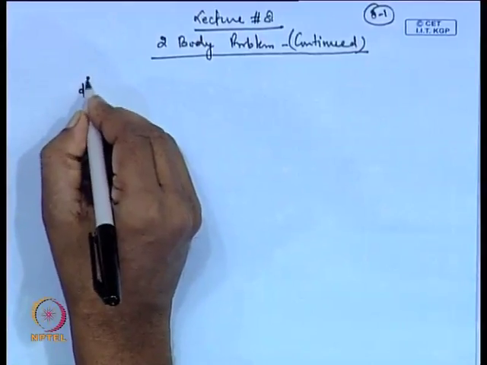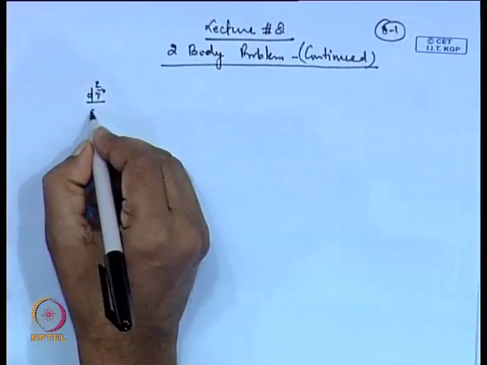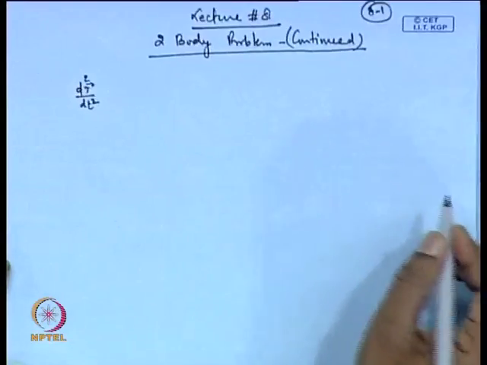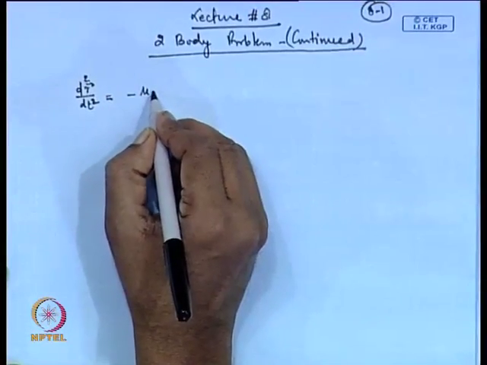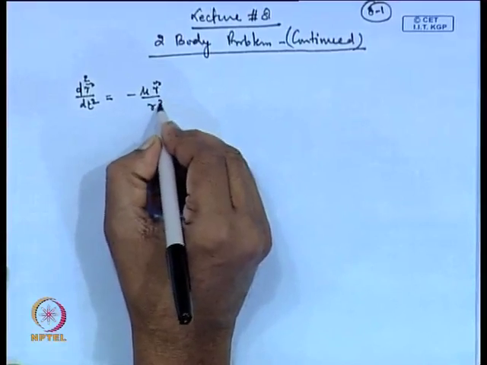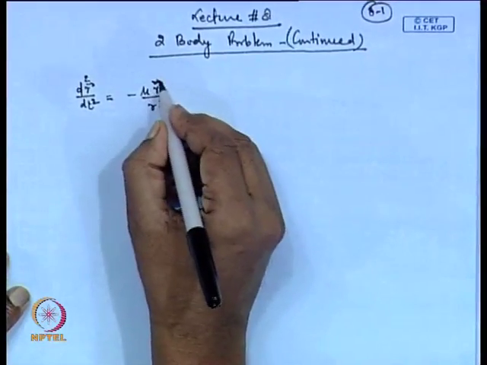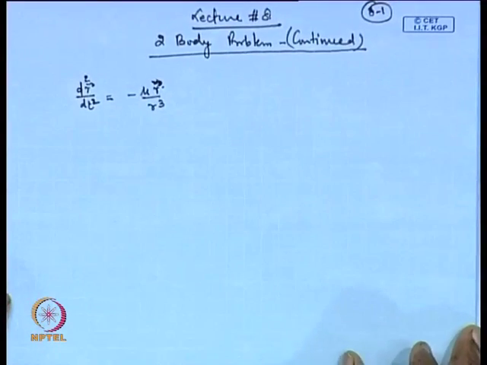So, last time we have seen that it leads to the equation of motion which can be written as d square r by dt square equal to minus mu times r bar by r cube. Okay.